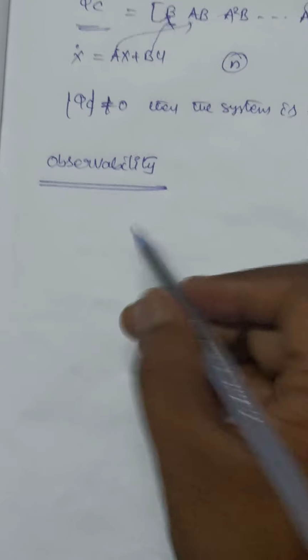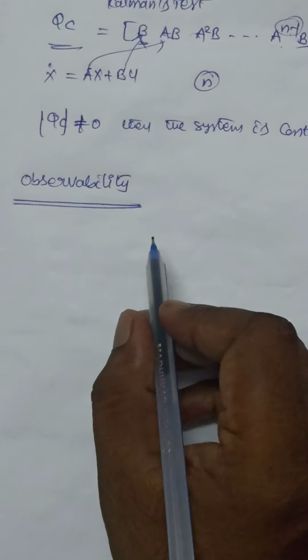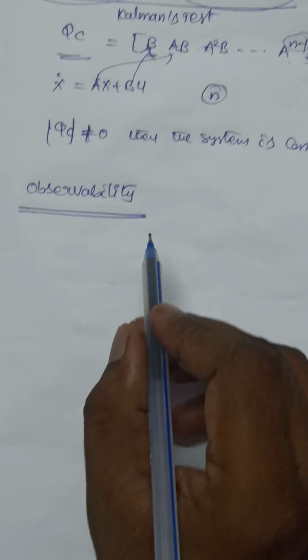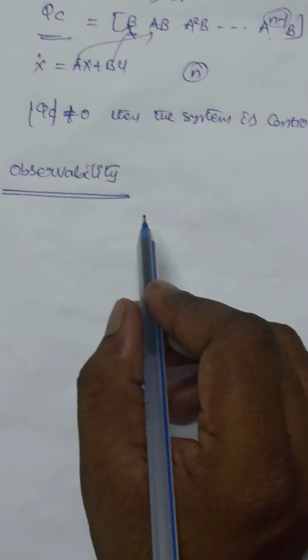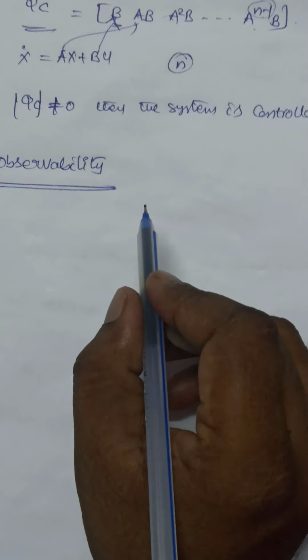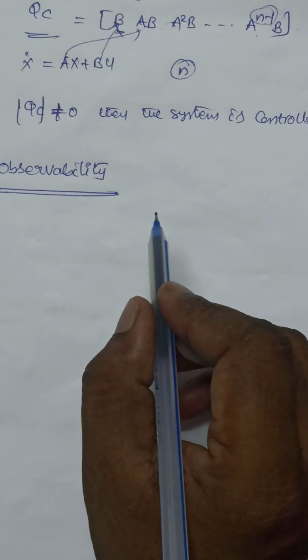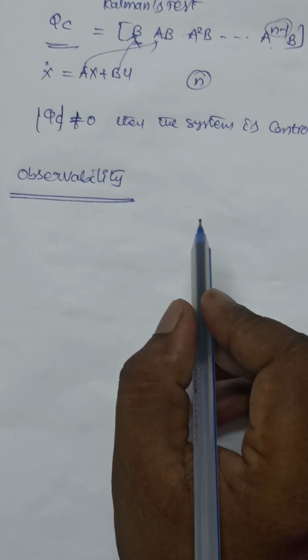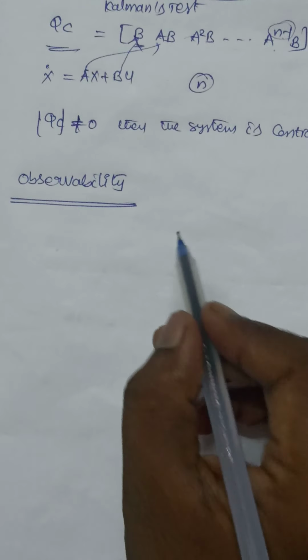Let me explain once again: by observing the outputs of the system, if we can determine its initial states, then the system is said to be observable.